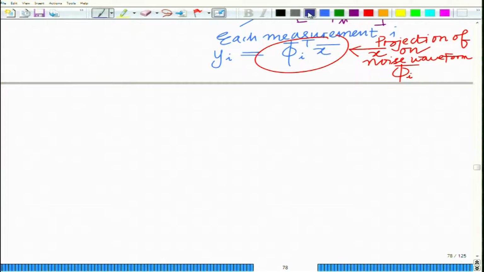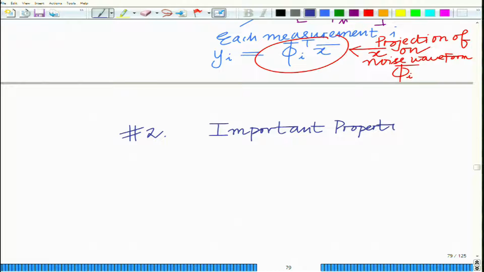Now, let us talk about the vector x bar. The vector x bar itself has to satisfy an important property, and this I would say is the most important property of x bar.